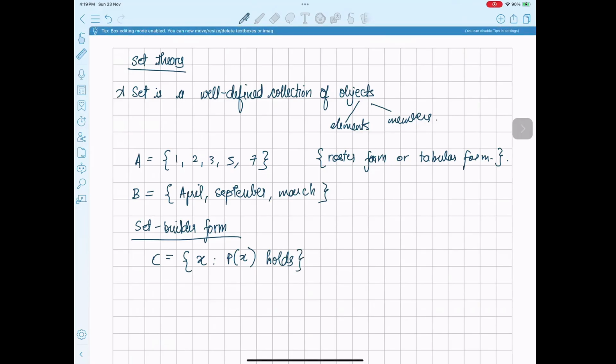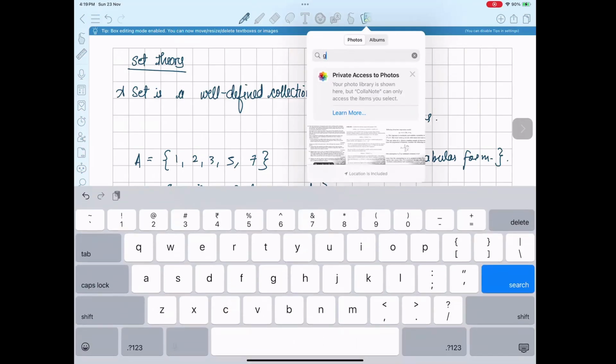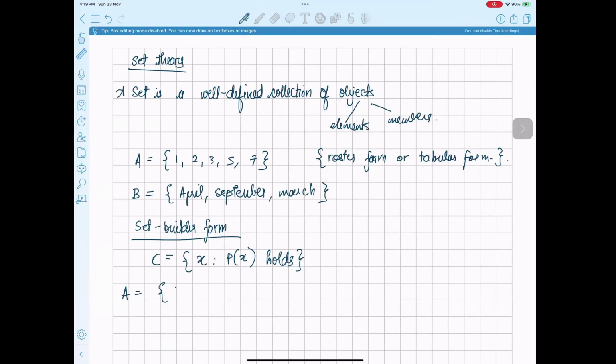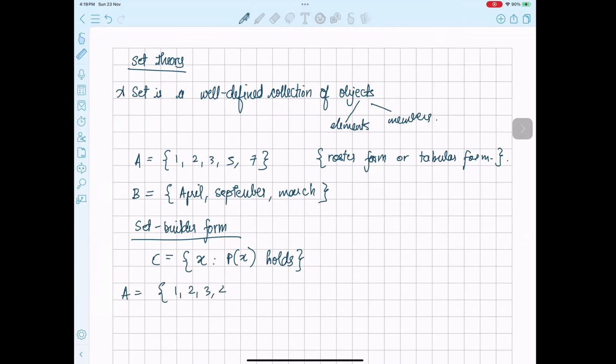A very good example of this is, let's say we have a set defined in roster form like this: A is equal to 1, 2, 3, and 4. This is the roster form of a set. The equivalent set builder form would be something like this.